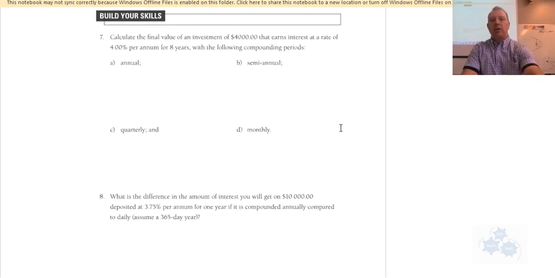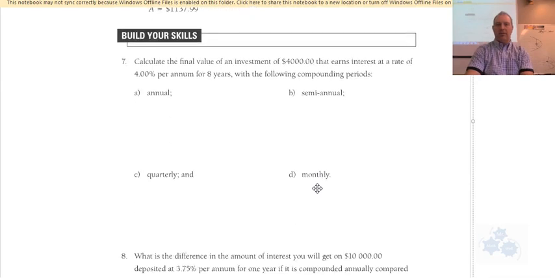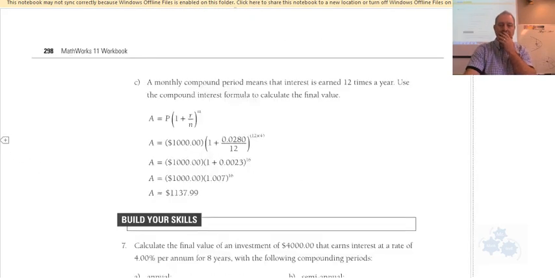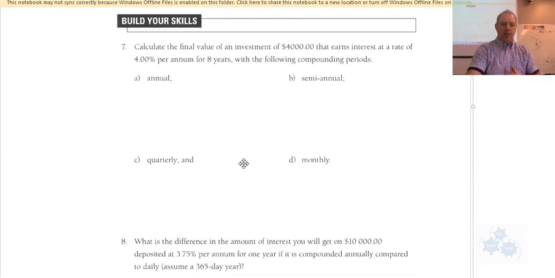All right. So I'm going to let you guys have some time to work on questions 7 and 8. Let's just make sure that we know how many times per year each of these are calculated. So annual is 1 time per year. So N equals 1 for annual. What did we say about semi-annual?